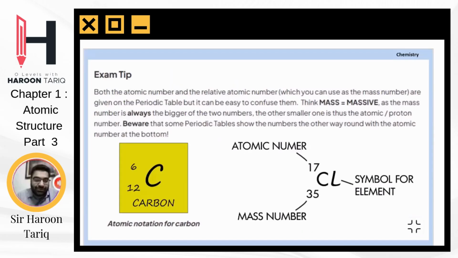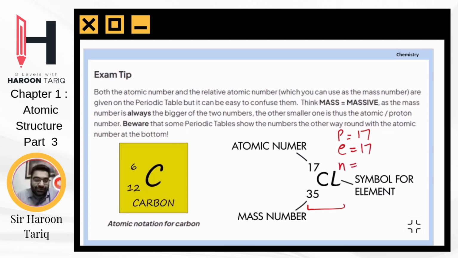For this chlorine, symbol is Cl, how many protons do we have? 17. The number of electrons for an atom of chlorine, 17.